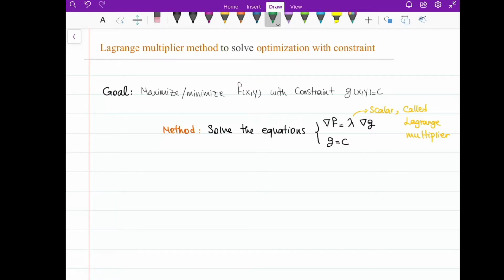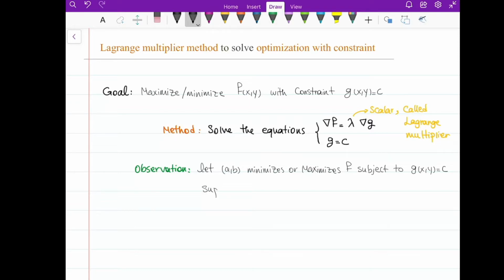Now let's have an observation and see why we have this equation in here. We say that let the point a and b minimize or maximize f subject to the constraint g of x and y equals the constant c.